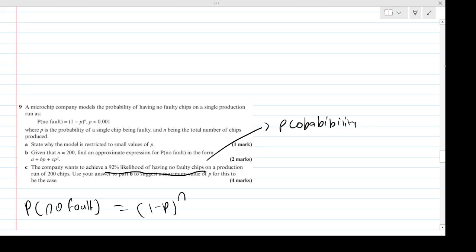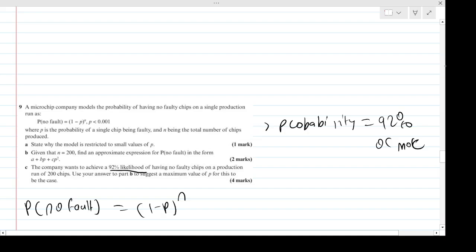Probability has to be 92% or higher, right? Or more. Because if it's 92% likelihood or higher of no faulty chips, then that's what they want, right?